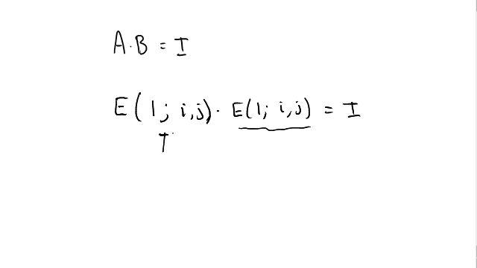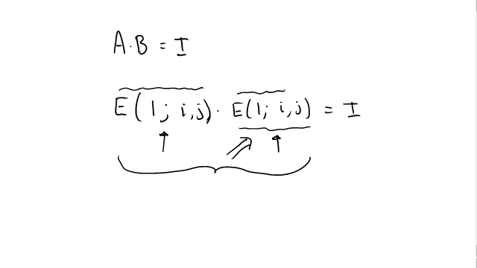But this is fairly obvious because this second matrix is the swap matrix where I've swapped rows i and j. If I pre-multiply by a swap matrix, swapping rows i and j, I know that the result will be to swap rows i and j of the second matrix. That is, the effect of pre-multiplying by this swap matrix on a swap matrix is to revert it back to the identity matrix. And this is why the swap matrix is the inverse of itself.